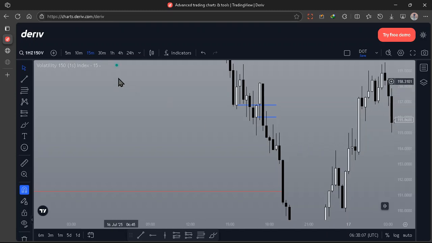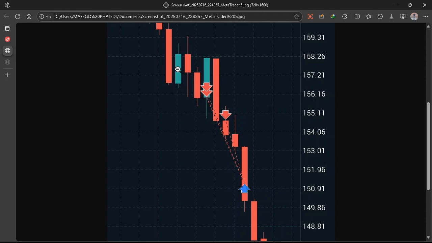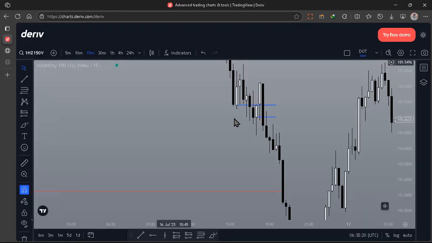So that's basically what I had on V150 1S. And here are the entries. These are screenshots from my MT5 on the M30 time frame. And as you can see, that is that up close candle. Let me go back to it so you can see it.